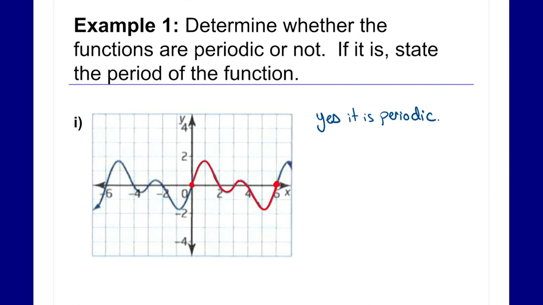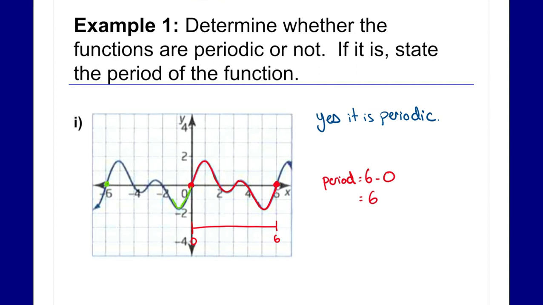So I'm going to look at this x value and this x value. That distance: we're at 0, we end up at 6. So the period is going to be 6 minus 0, or just 6. And if I look at other x values, I do see that if I went backwards 6, I would end up at that same spot as well.